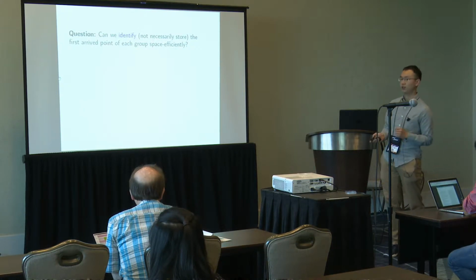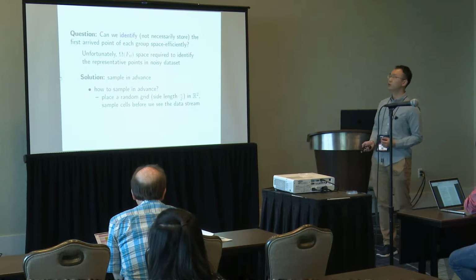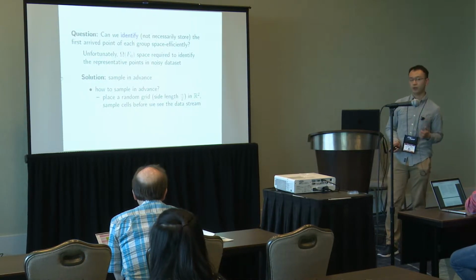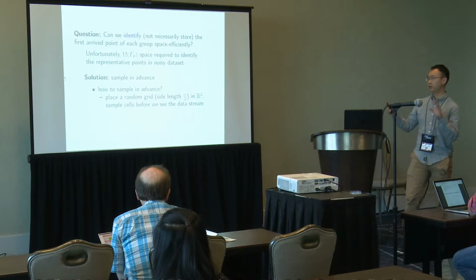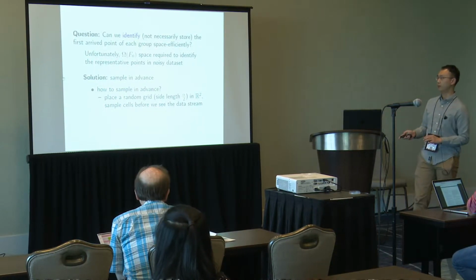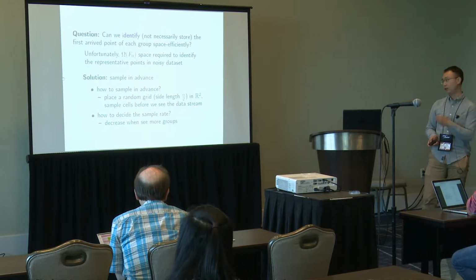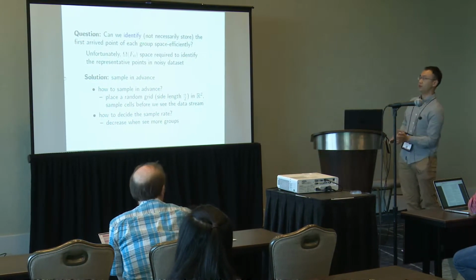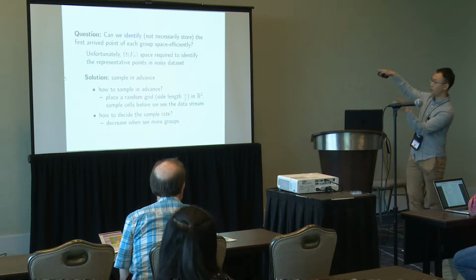So we essentially need to keep all those first points. But what we can do is place a random grid in the space before we see the data stream. Another issue is that we sample cells instead of sampling data points from the grid. I will show you a picture.